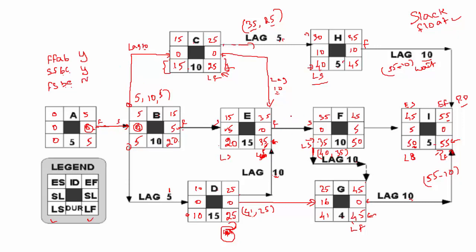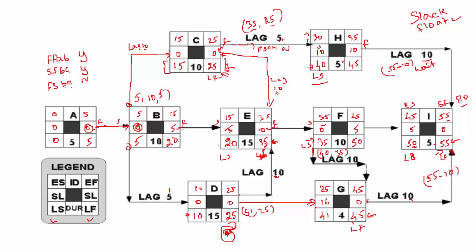Similarly, let's do E and F. E and F, which is finish to start, is it critical? Yes, because 0 and 0, it is critical. All right, let's do one here. Is this relationship critical? C and H, what is the relationship? Finish to start. We got 0 here and 10 here. So no, it is not critical.